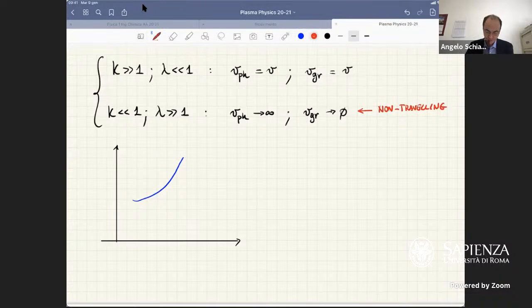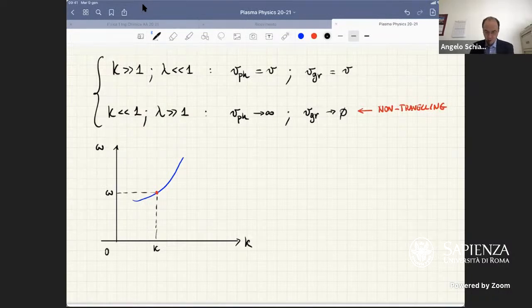This point is telling us that in order for the Fourier component to be a solution of the wave equation, for this given k, omega has to be this one here. So this is the k value, and this is the omega value of the wave.